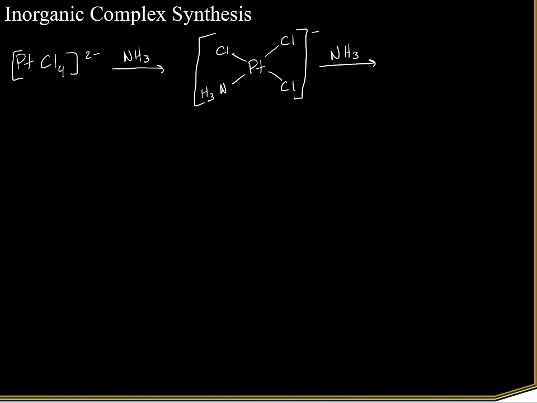So now again, we're looking at which of these is a stronger trans director, ammonia or chloride. Well, chloride is still the stronger trans director. That means that I would replace across from a chloride faster than I would replace across from an amine. So we are going to replace this chloride.